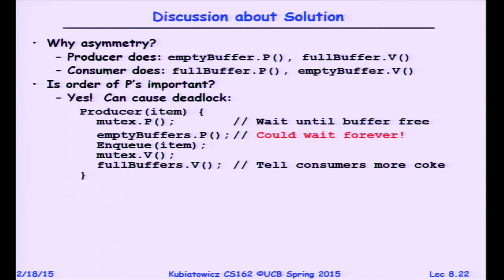And now, sometime later, you, a student, come by and you want to grab a Coke, and somewhere along the line, you need to execute a mutex.P to grab the lock, and you can't because the producer's got it and he's sleeping. So we've just deadlocked. Okay? So this is an interesting situation where you got to be careful. And actually, this is kind of a good example of why semaphores have downsides.